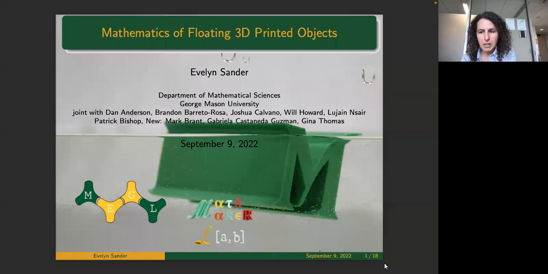And the Math Maker Lab does some undergraduate research, but mostly 3D printing, and including a class on mathematics of 3D printing.